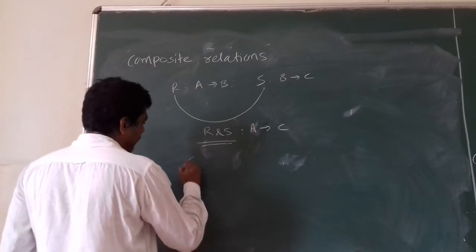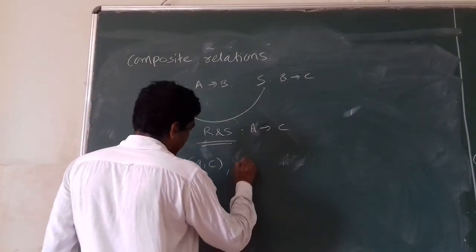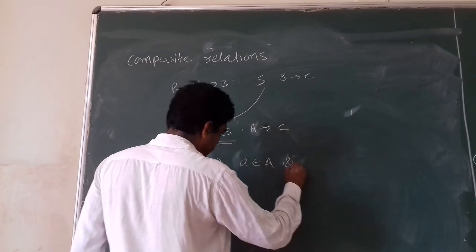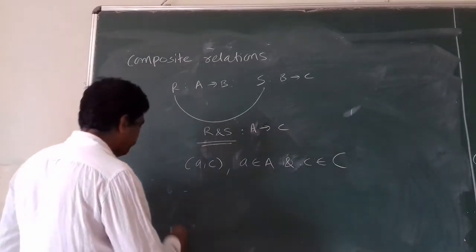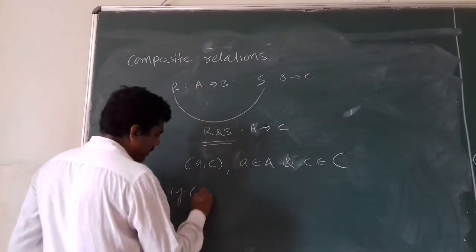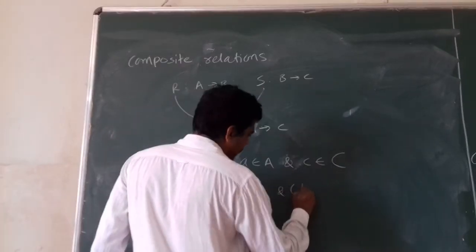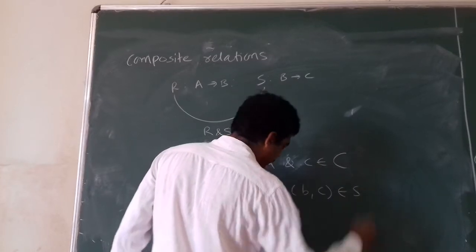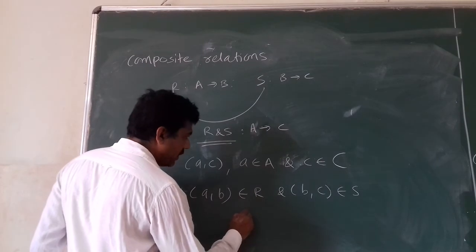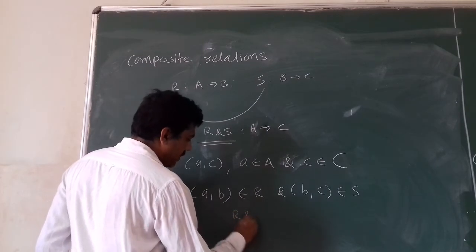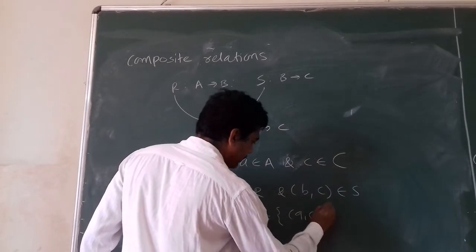So this will contain the elements (a, c), where a belongs to A and c belongs to C. That is, if (a, b) belongs to R and (b, c) belongs to S, then the composition of R and S will contain the element (a, c).